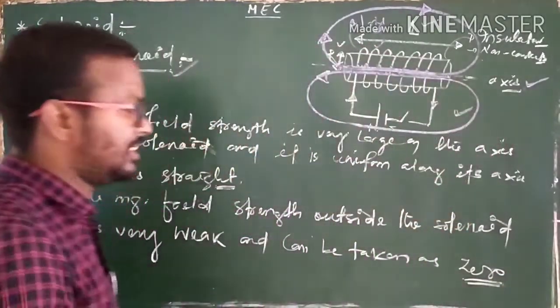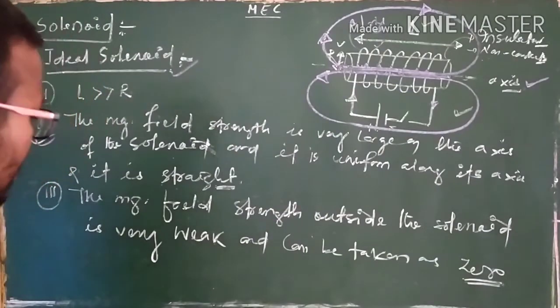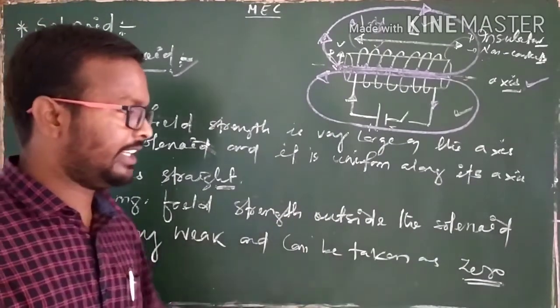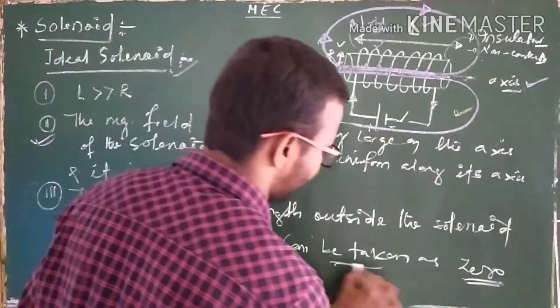The magnetic field strength of a solenoid, that means outside the solenoid, is very weak and can be taken to be 0. This is an assumption.